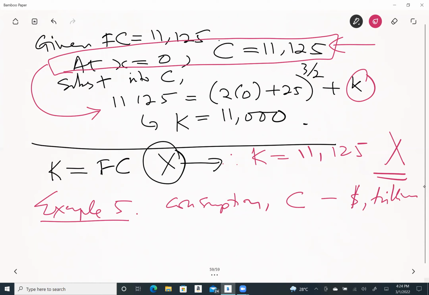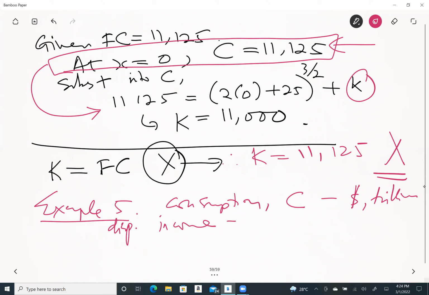And then the disposable income, the income after tax.